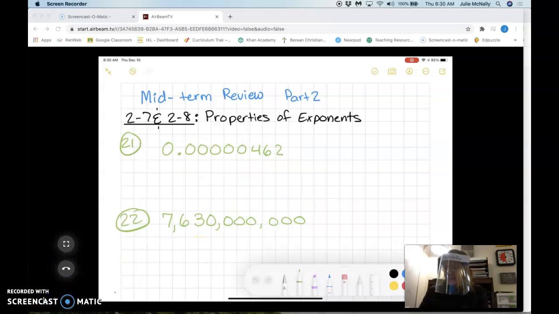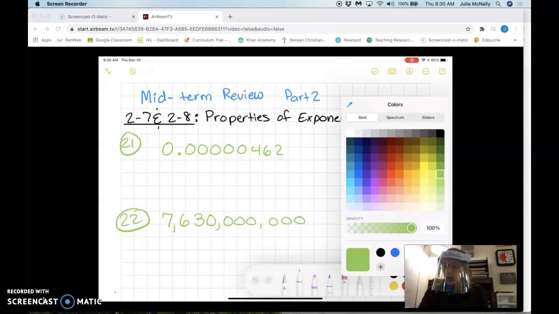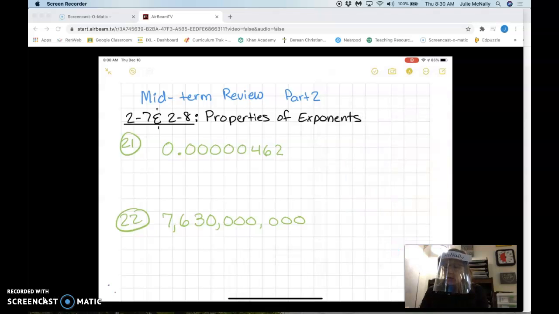All right, so for scientific notation, there's only 2 questions on the exam about scientific notation. And I just want to refresh your memory that when you see a very small number like this decimal, the exponent is going to be positive or negative? Negative.